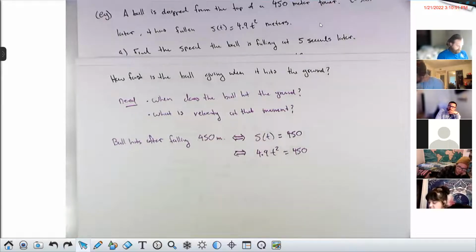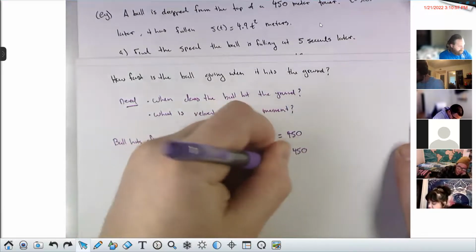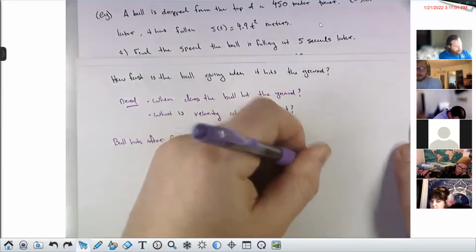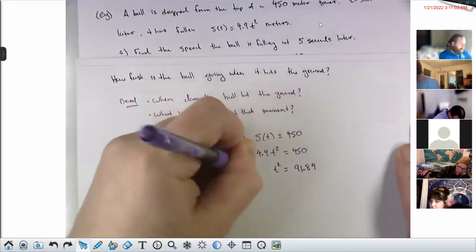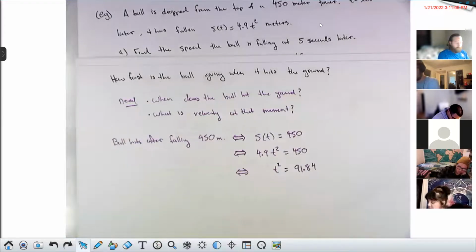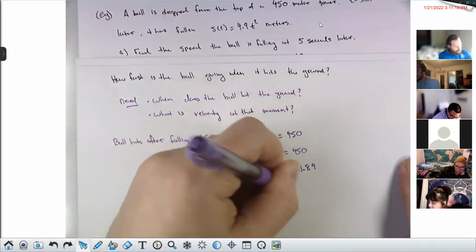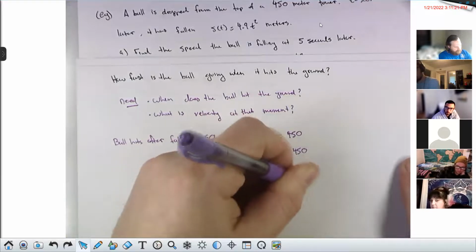You get about 91.84. So t squared equals 91.84. And then we'll take the positive square root of that, because my time here is definitely a positive time. We get about 9.58. Okay.